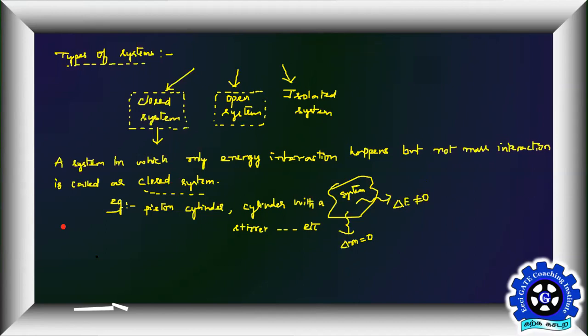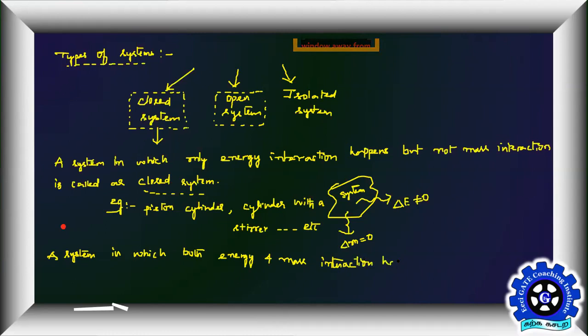So if you write a formal definition, a system in which both energy and mass interaction happens is called an open system.